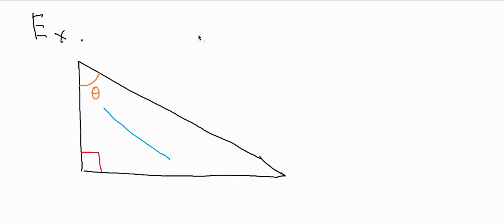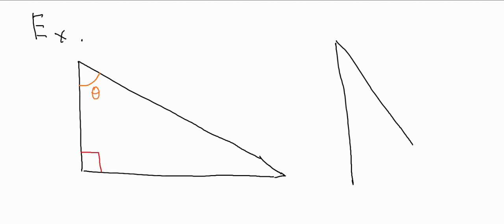You can even shift the position of the triangle and put it here if you're not used to seeing it this way. But in terms of the problem, I'm just going to leave the triangle that is given to us how it is.